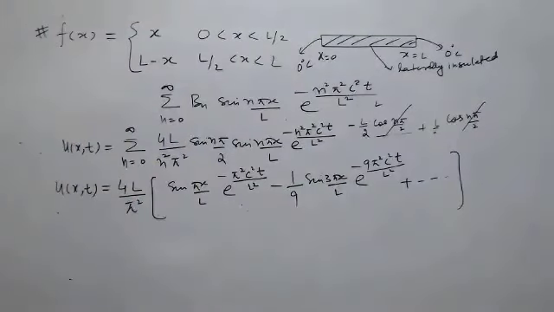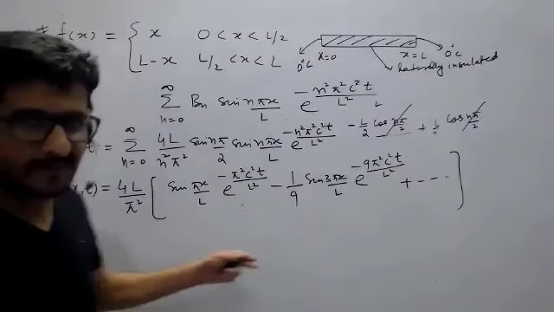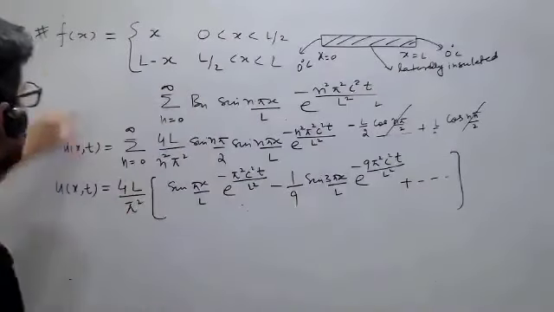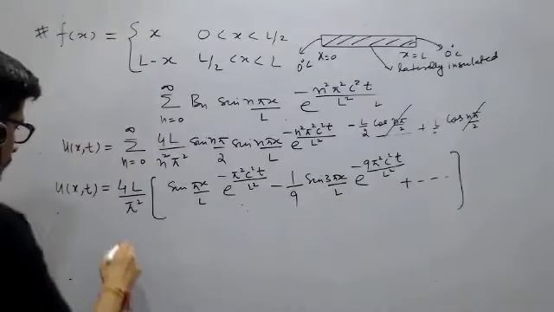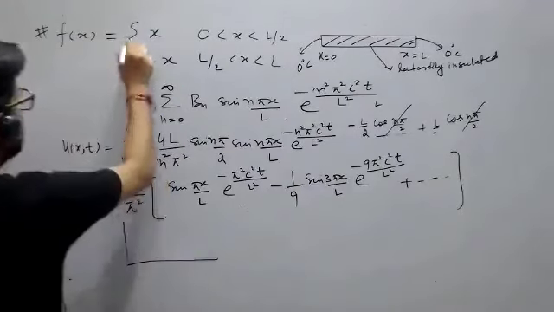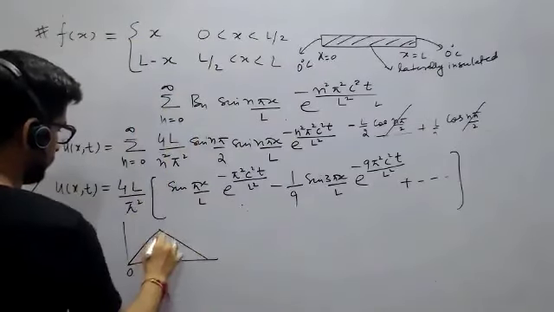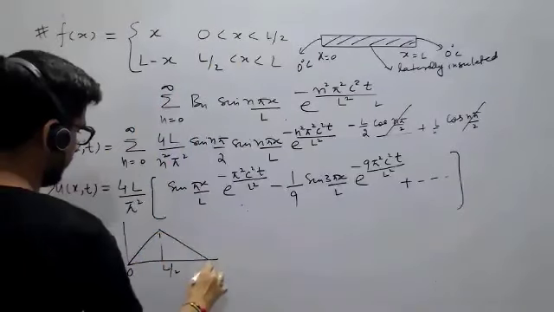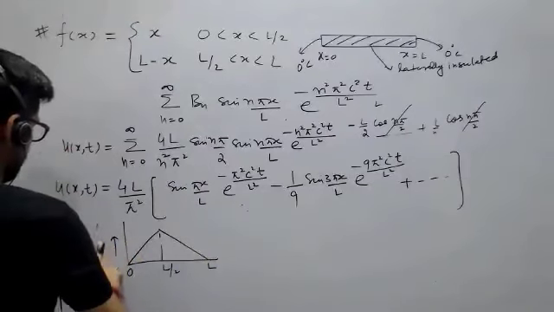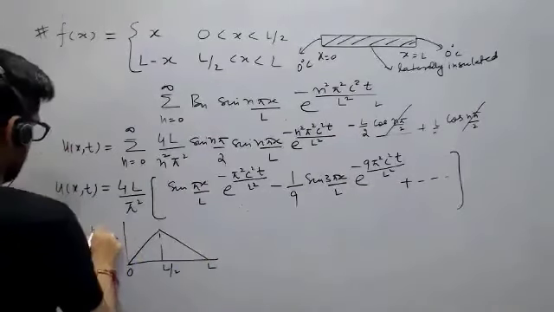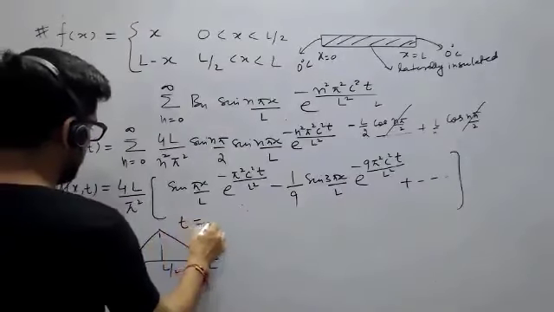So this is the infinite series, and let me tell you what is happening at different times. Let me give you a picture of that. This is the profile of u at t equals 0. So see how it looks at t equals 0. If I plot this, it will be like this, from 0 to L by 2 and then L. This is the value of u of x comma t, but the picture is at t equals 0.